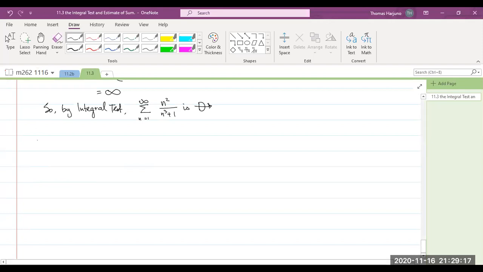Remainder estimate. It says that let the series be convergent.